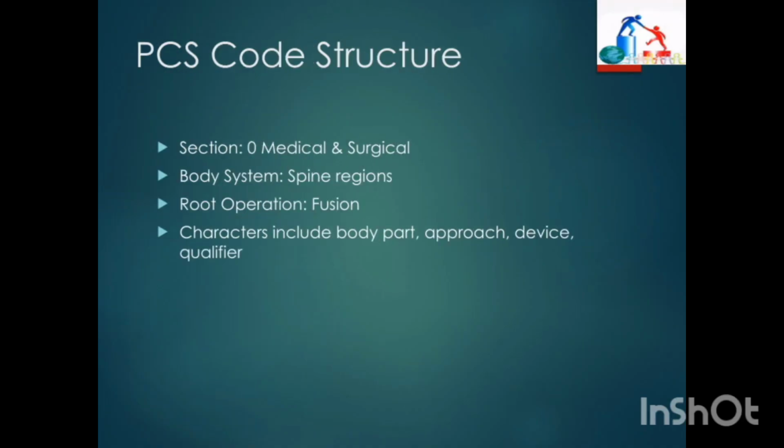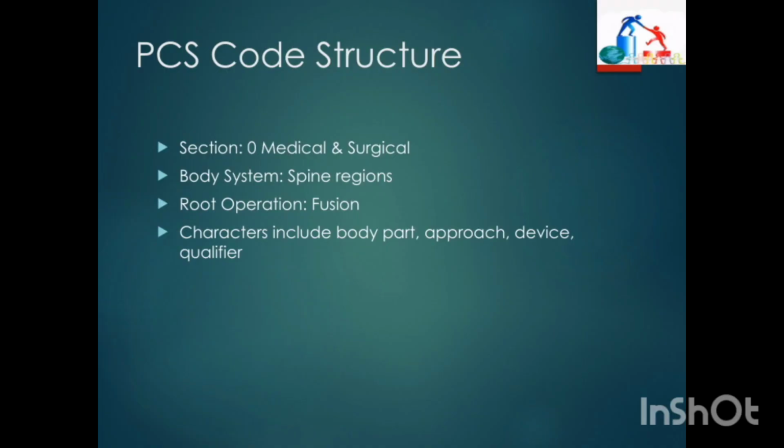Now, let's take a closer look at Slide 5, which focuses on the section of medical and surgical procedures, specifically related to the spine regions. When we talk about fusion as a root operation, we're referring to a procedure that permanently joins two or more vertebrae to stabilize the spine. This is a common approach in treating various spinal conditions.